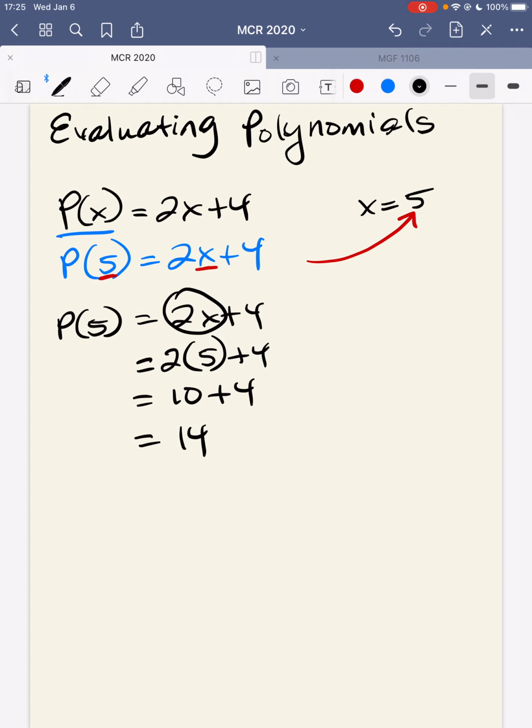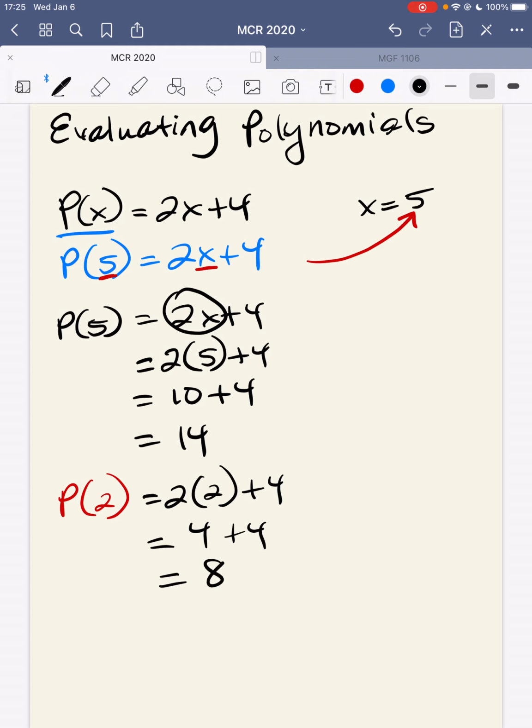If I were to go ahead and change this and say I want p of 2, now this is going to change my equation. So now, wherever there was x, I'm going to have 2 times x is now 2 plus 4, which gives me 4 plus 4, which gives me 8.